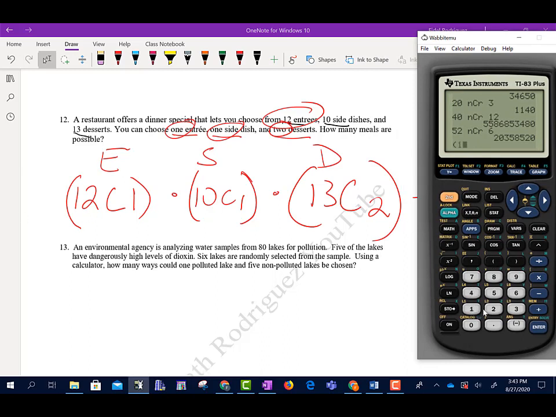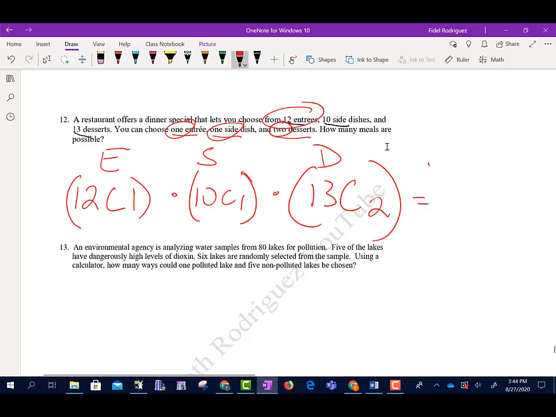Let me put parentheses in. 12, math, choose 1, times, let's see, 10, math, choose 1 also, okay, and parentheses and times, parentheses again, 13, math, choose 2, close it off, hit enter, 9360.